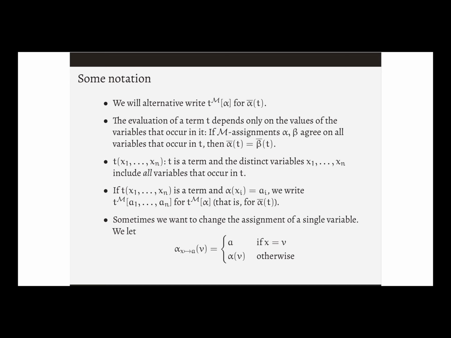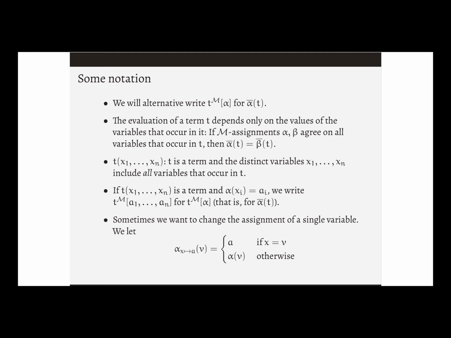Remember, alpha bar was our extension of an assignment alpha to all terms. So we will also write t, the term interpreted in the structure M, using the assignment alpha as our basis.